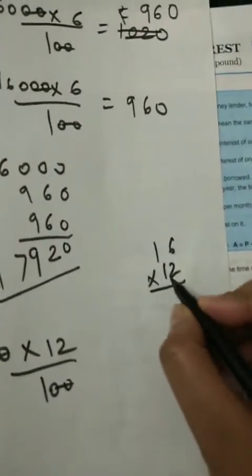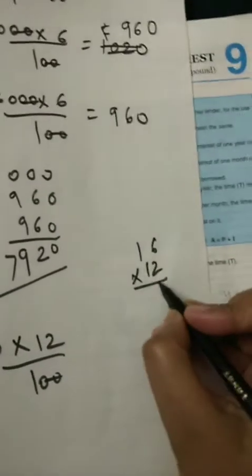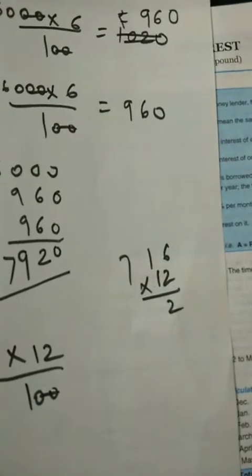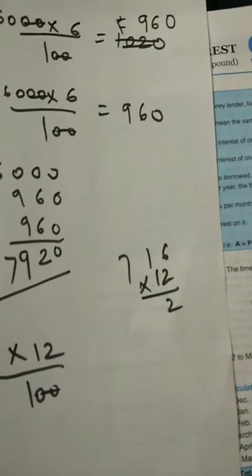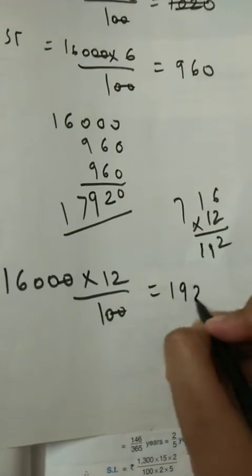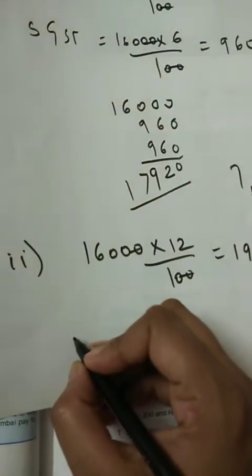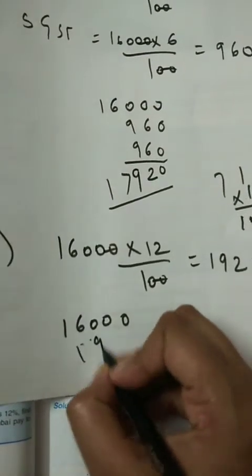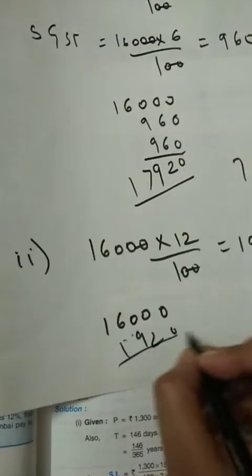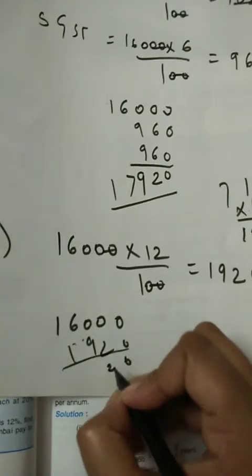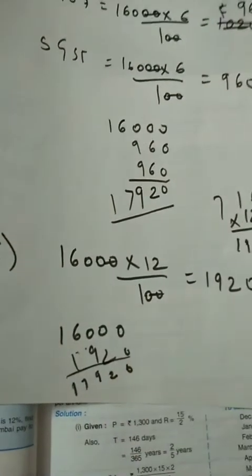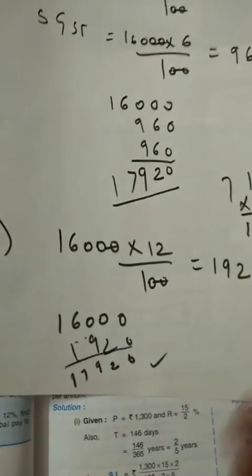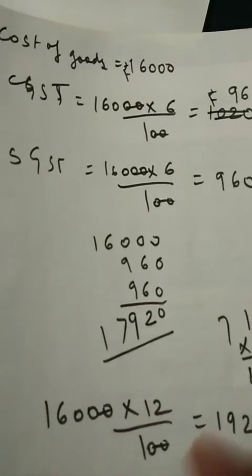It is 192, so this is 1,920. So the total bill will be, this is for intrastate transaction and that was for interstate transaction.